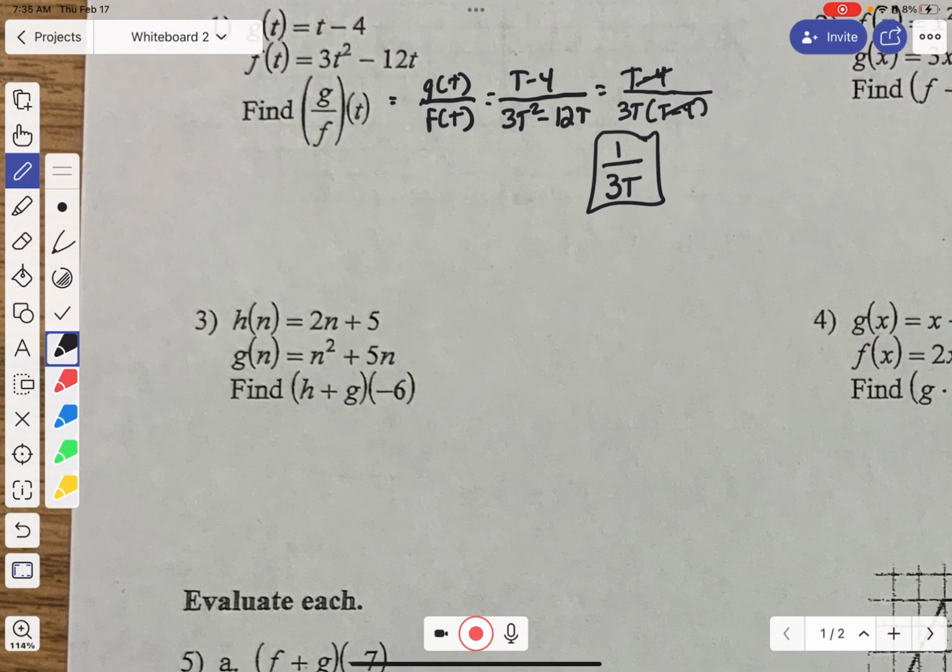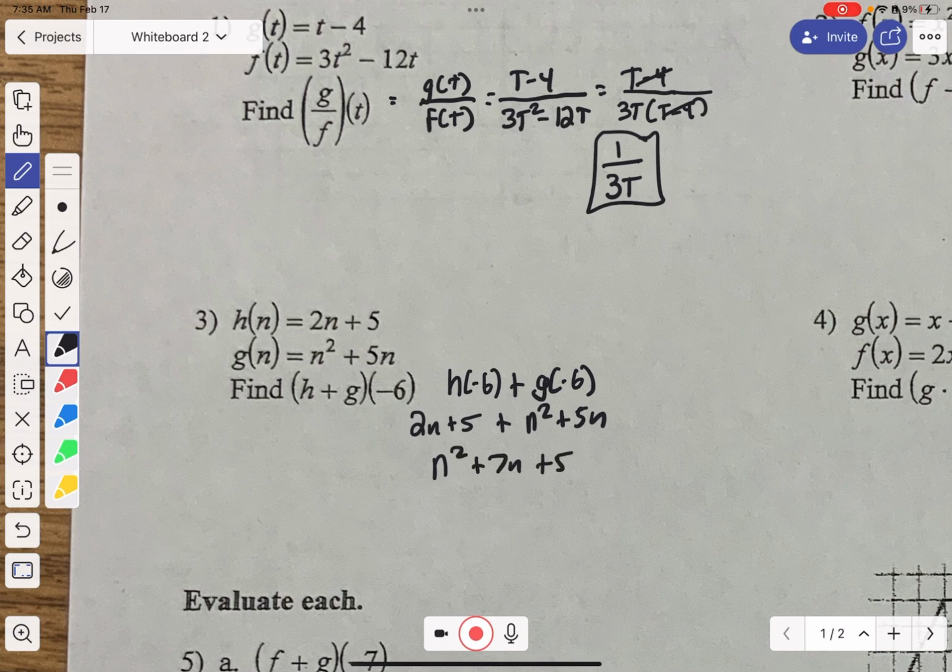Number 3, f plus g of negative 6. So it's going to be h of negative 6 plus g of negative 6. So our h function, 2n plus 5, plus our g function, n squared plus 5n. And combine like terms, n squared plus 7n plus 5.